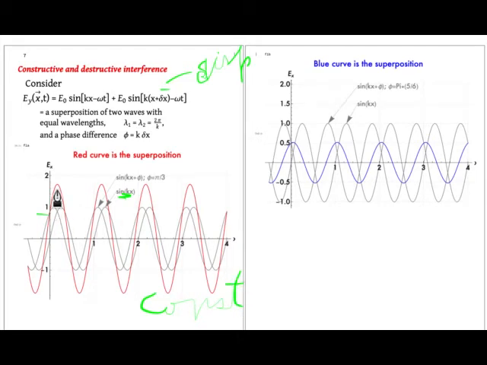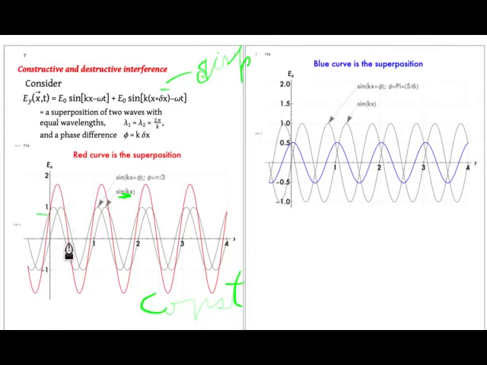In other words, the electric field will be approximately twice as large as either of the individual waves. And remember, the electric field transports energy, and the energy transport goes like the square of the field. So if the field is about twice as large in amplitude, the energy transport will be approximately 4 times greater.